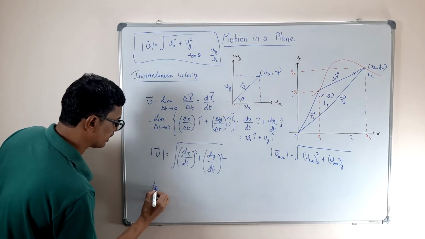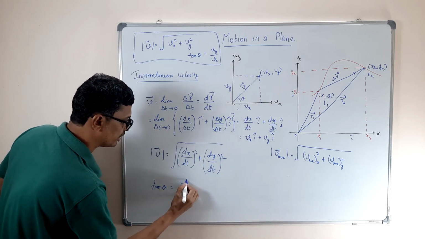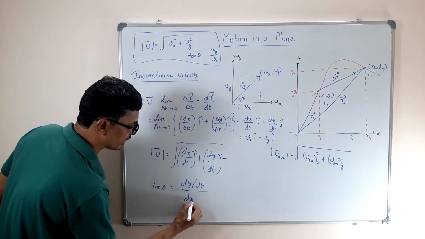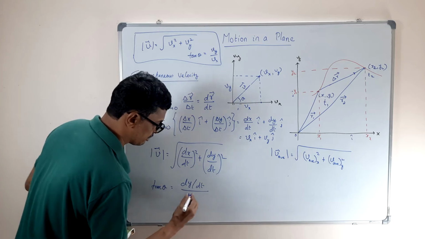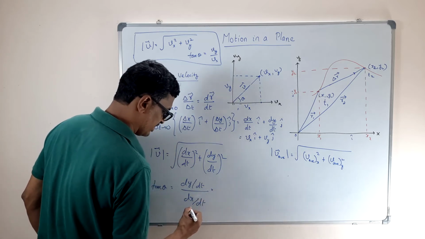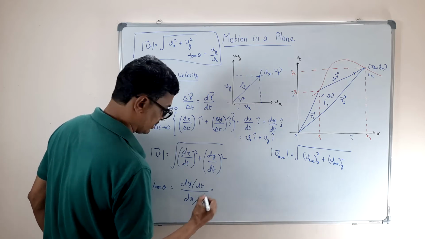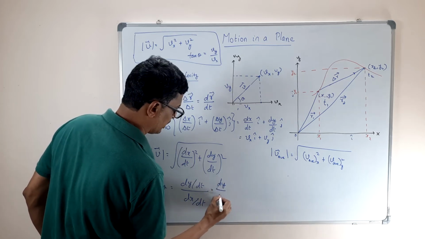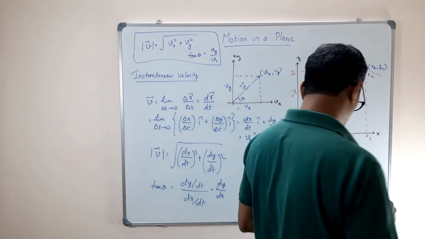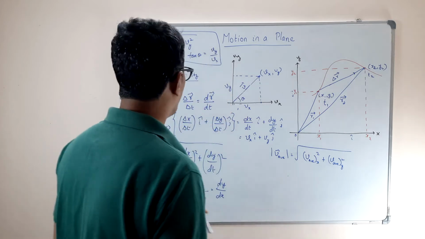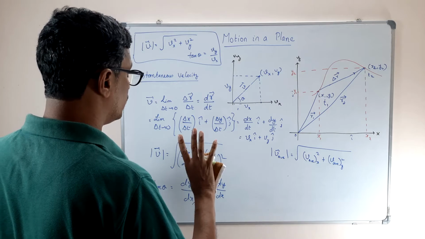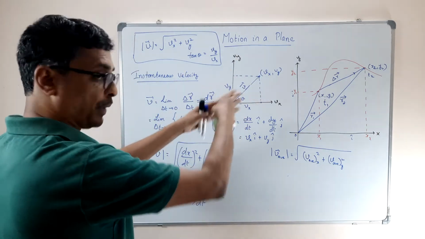And the angle, tan theta, will be dy by dt divided by dx by dt; dt will get cancelled, so dy by dx. Good. So this is instantaneous velocity in two dimensions, or motion in a plane.